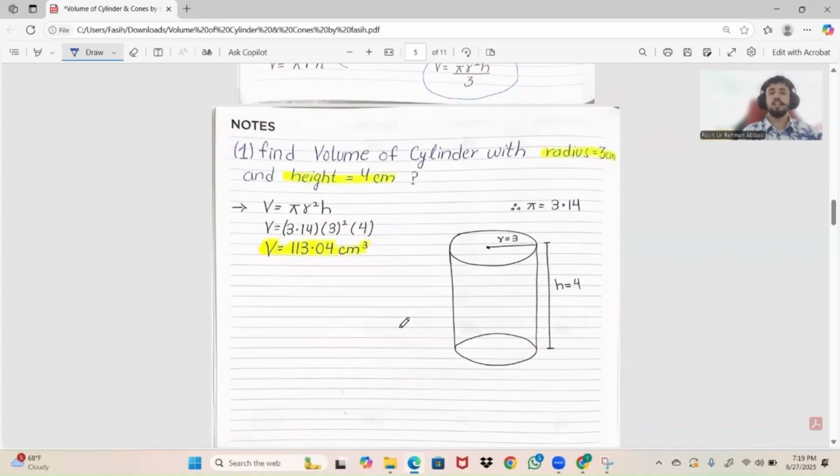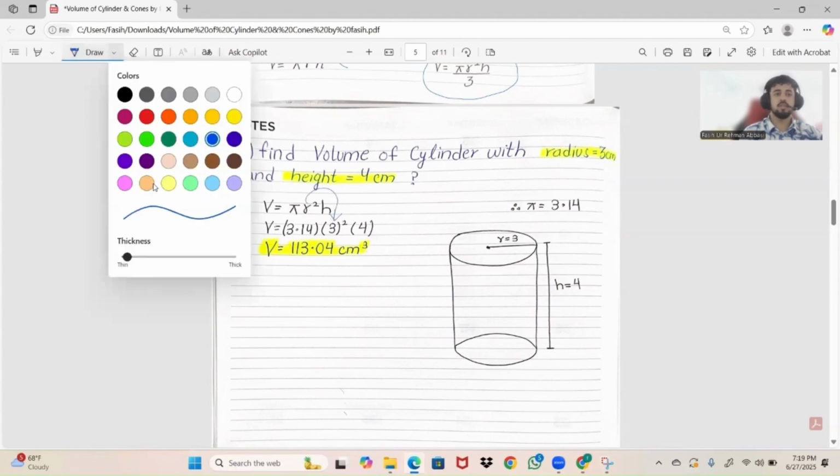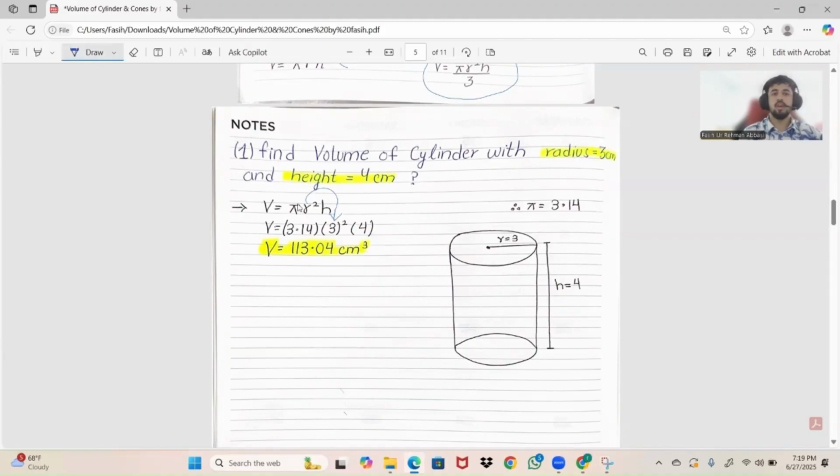Find the volume of a cylinder with radius 3 centimeter and height 4 centimeter. So the volume we know is pi r square h. They gave us a radius of 3 centimeter, put 3 centimeter in the place of radius. We did that. Height 4 centimeter, we did that. And pi is 3.14.